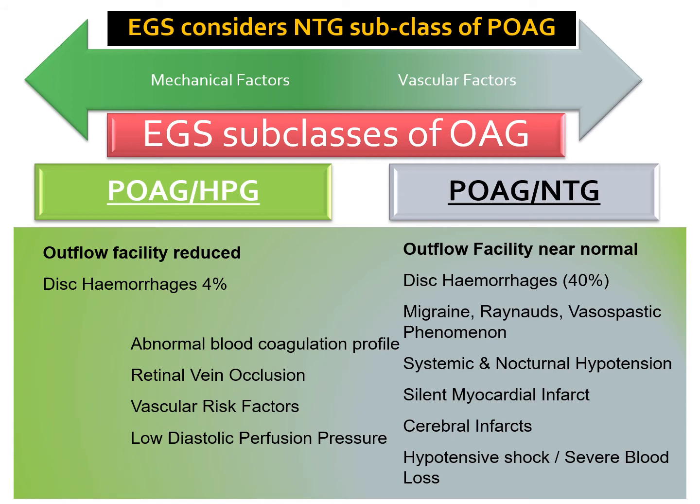Now, okay, most glaucomas, or a lot of them, have abnormal blood coagulation profiles. Retinal vein occlusion is far more prevalent in glaucoma patients, and vascular risk factors, and low perfusion pressure, which we'll get onto later. But as far as normal tension glaucoma goes, they're far more likely to have migraine, Raynaud's, other vasospastic phenomena, systemic or nocturnal hypertension, silent myocardial infarct, cerebral infarcts, and so on.